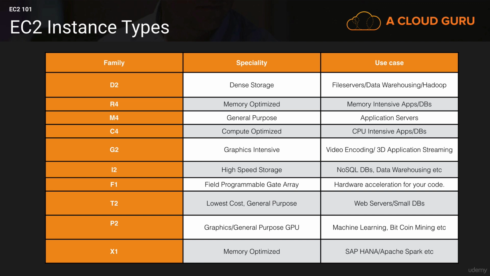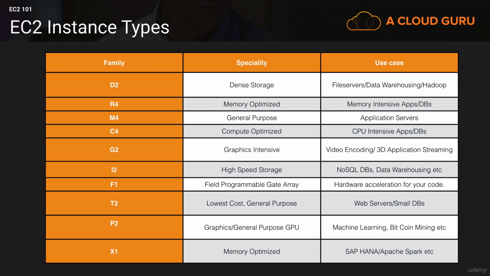So we used the anagram or acronym Dr. McGiftpicks, and we'll come to him in a second, but let's just have a look at what each one does. So we had D for dense storage, and this is use cases for file servers, data warehousing, Hadoop, etc. We then had memory optimized, R, which I like to remember is for RAM, memory intensive apps and memory intensive databases.